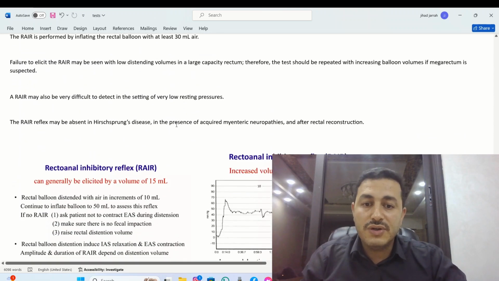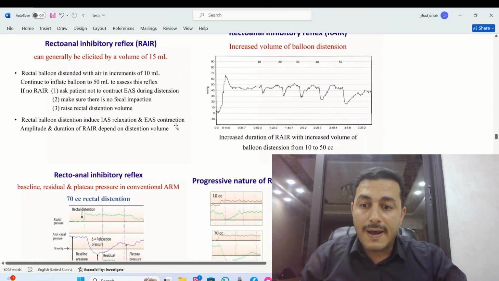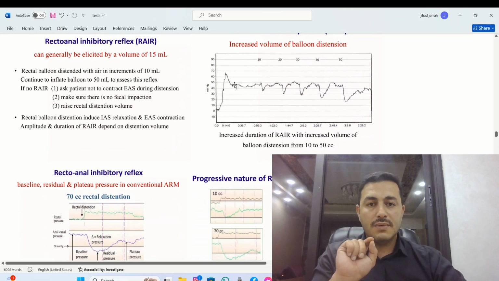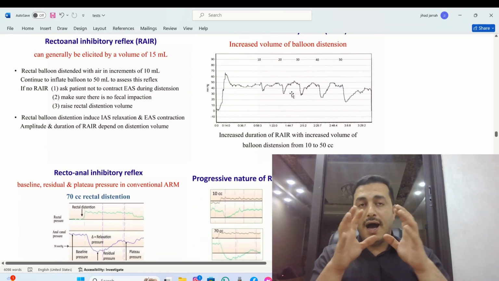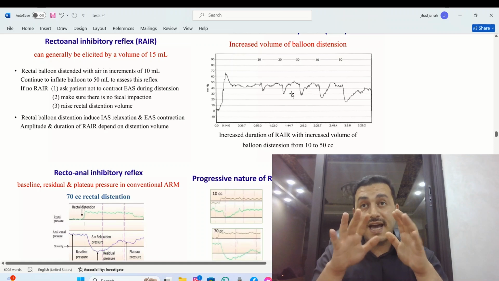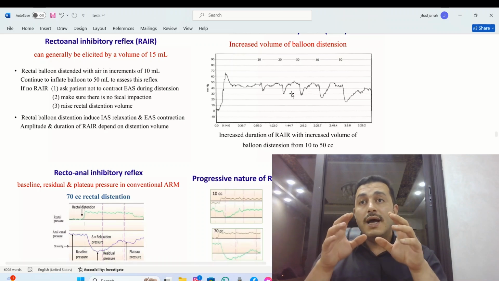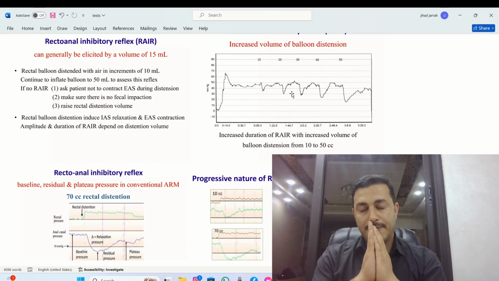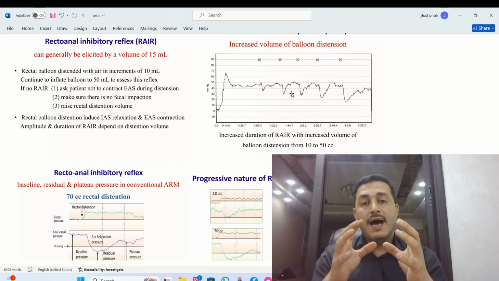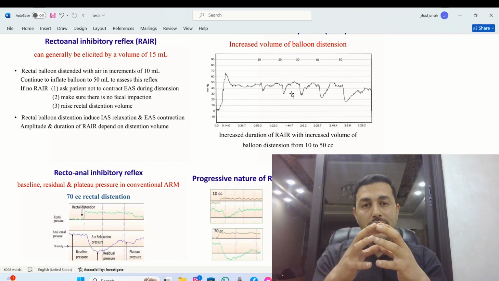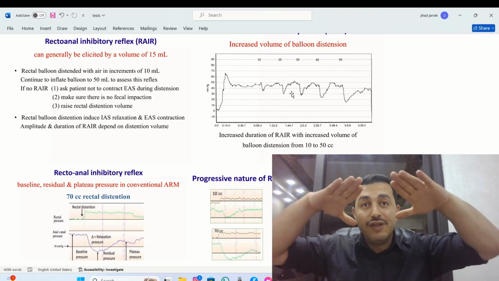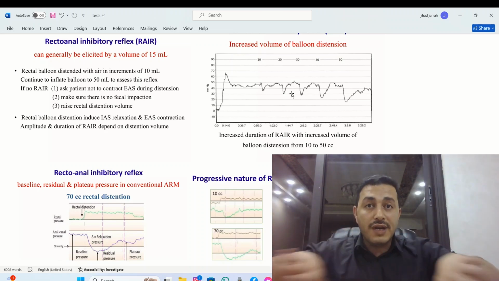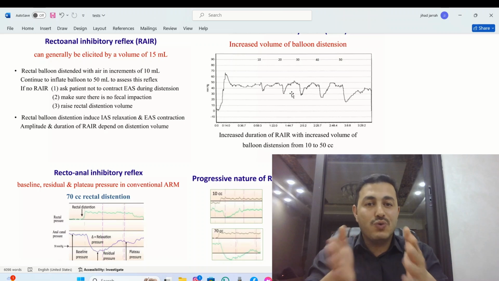I think we have a better photo. You can see here, this is related to the volume of the balloon. The more we inflate the balloon, the more the internal anal sphincter will relax and the resting pressure will decrease.